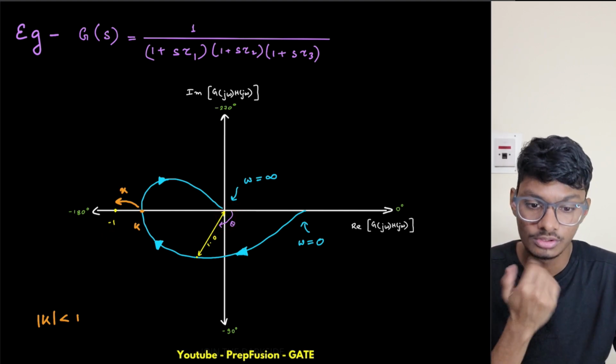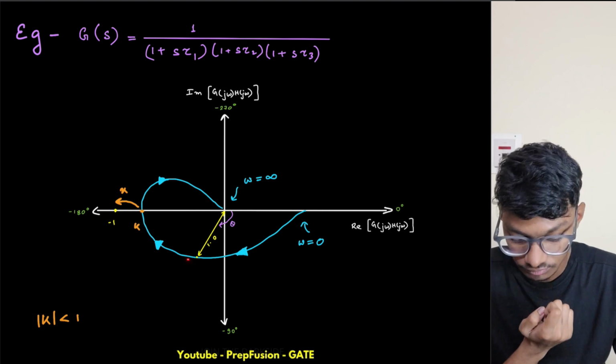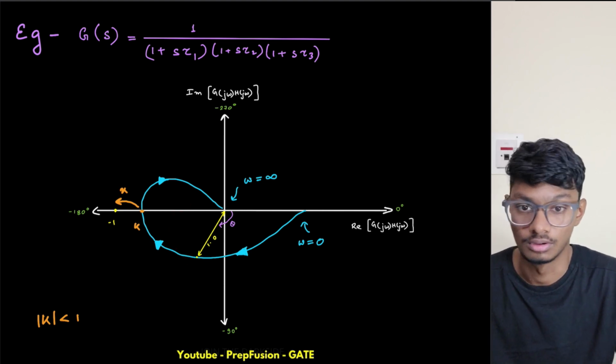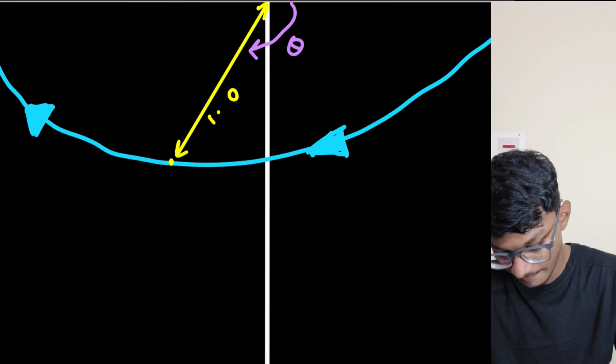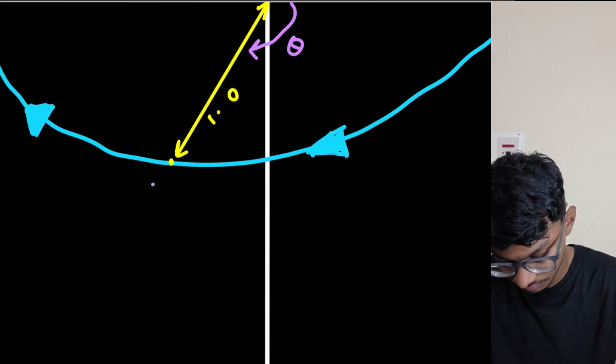So this is theta. How much more phase lag I need to add to get it to the negative real axis.